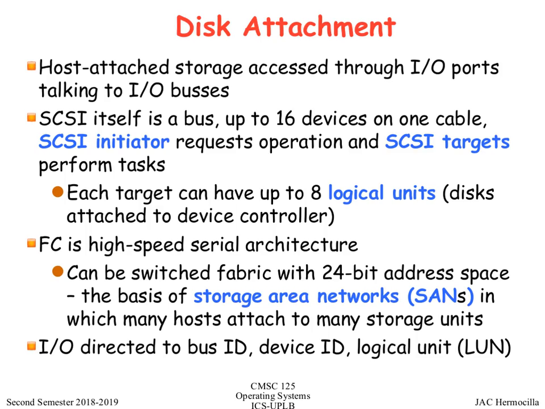Okay, so disk attachment. At this point, you should now know that from the perspective of the operating system, the disk block is its basic logical unit. But to map that disk block to the physical disk, you need to convert the logical disk block into the corresponding cylinder, track number, and sector number.